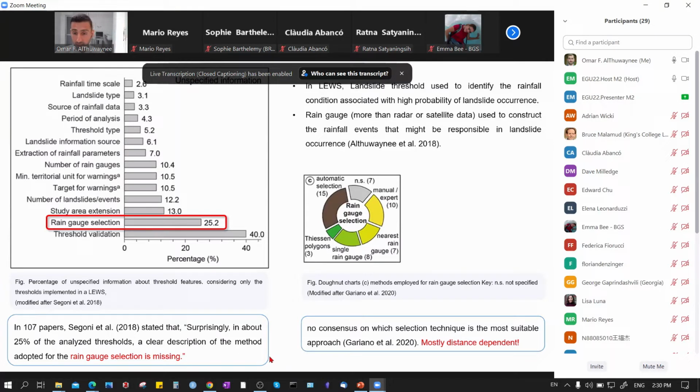Another paper, by Guerin 2020, also concluded that most rain gauge selection was not consistently following one procedure. However, overall, they mostly depend on the distance. Next, please.